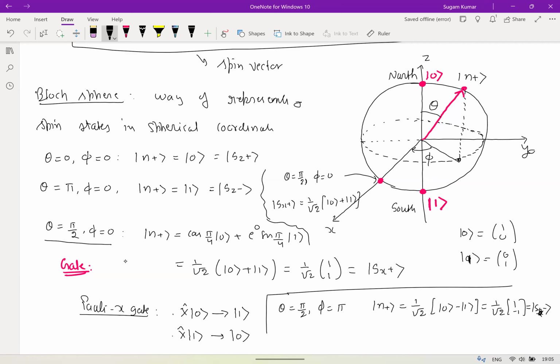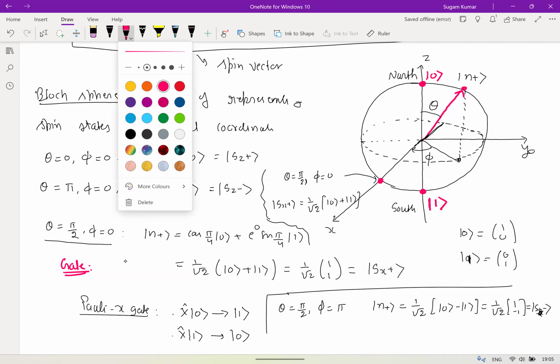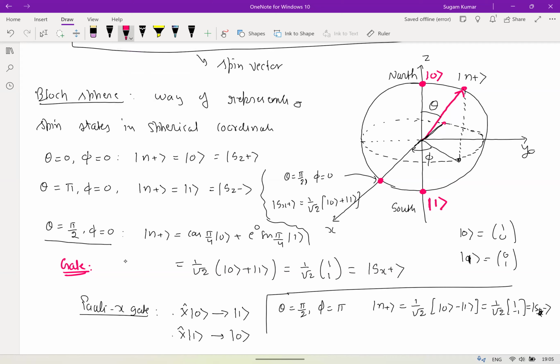You will go to the back side now. So you will go here somewhere. I mean, this is the back direction. So you will be here at this point. That is the location where theta is pi by 2 but phi is pi.